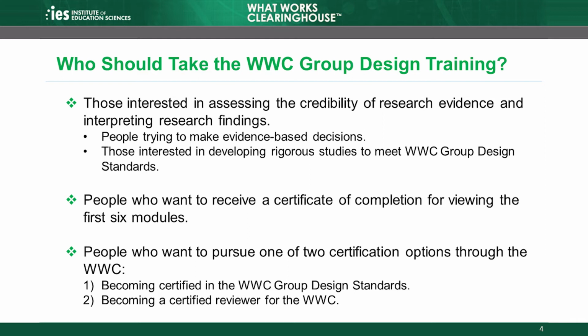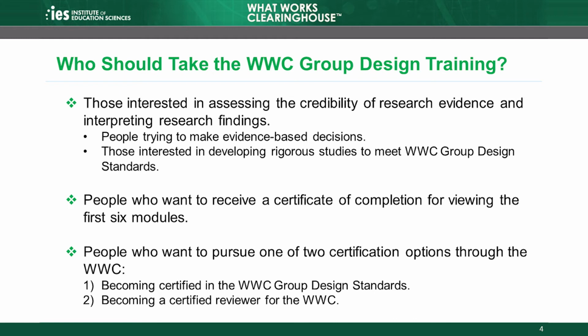The certification test, along with the 3 additional training modules, which include content about WWC procedures and standards, can be accessed using the additional training and certification link on the homepage of the online training site. After becoming certified in the WWC Group Design Standards, trainees may also be eligible to become certified reviewers for the WWC. Achieving this level of certification requires successful completion of additional tasks.